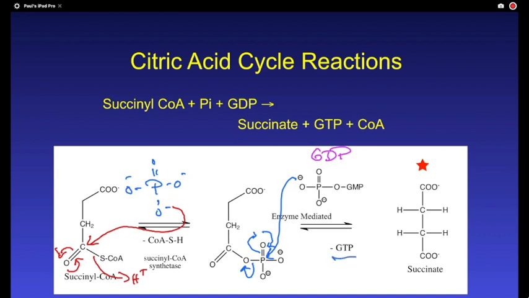The GTP can transfer its phosphate to ADP, the diphosphate, to make ATP without any loss of energy. And so most people will equate this particular reaction as making an additional ATP. So a lot of calculations, when you look at things, consider this ATP.